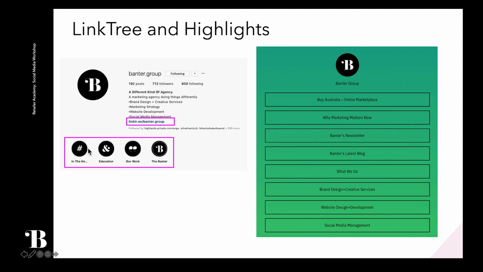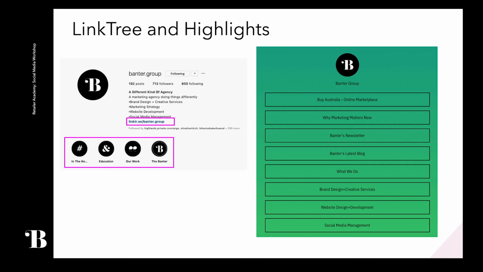It's like a mini library of where you can park all of your stories. So our highlights are in the know, education, our work, and the banter. So the banter is all the fun stuff. The work is examples of all the work my agency does. Education are quick tips and tricks that I'm trying to teach when I'm posting on social.